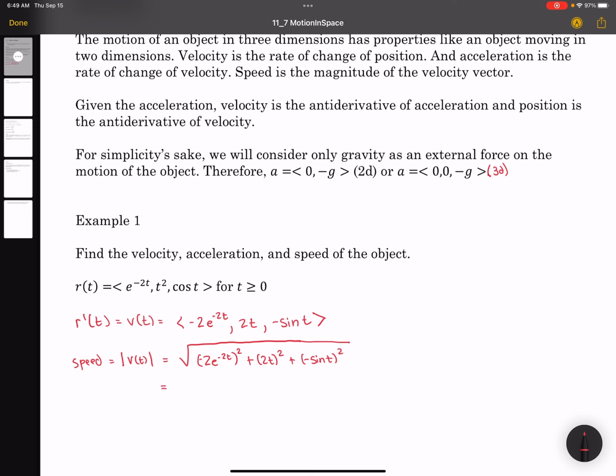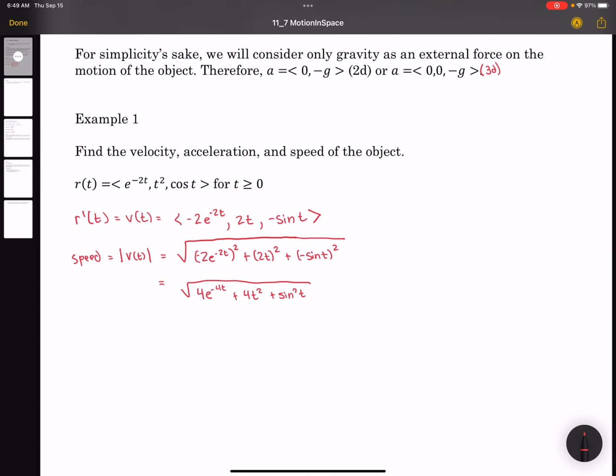And most of the time this won't simplify to anything useful, so we're just actually squaring these components. So we would get 4e to the negative 4t plus 4t squared plus sine squared t. And there is no identity we can apply here that makes this simpler, so we just stop here.